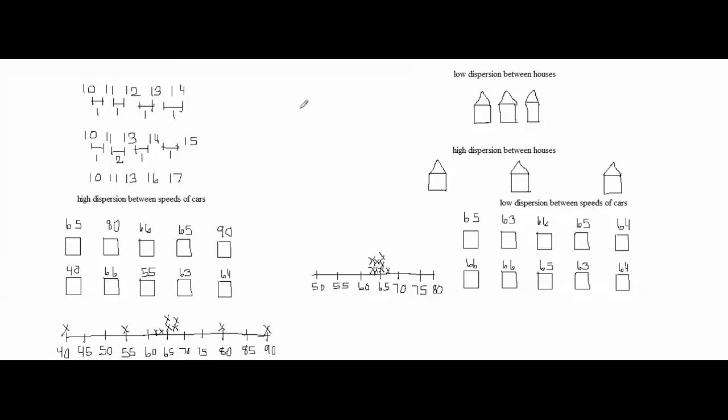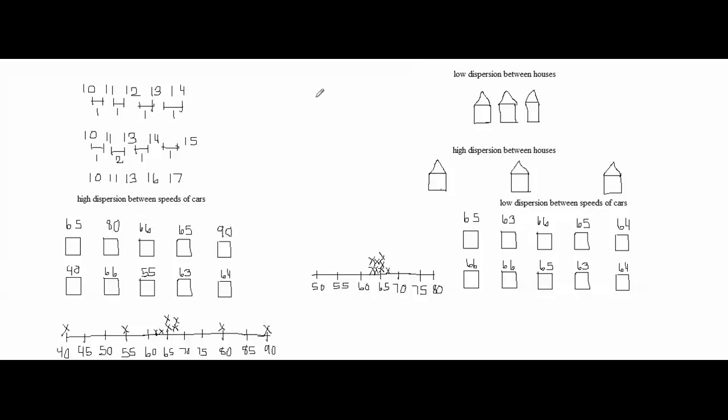Now, realistically, the spread between the students' final exam scores will be somewhere in between those two extremes, but the principal will still be interested in knowing where between those two extremes the class is. Is the class closer to the high amount of spread over here, or closer to the lower end of spread down here?